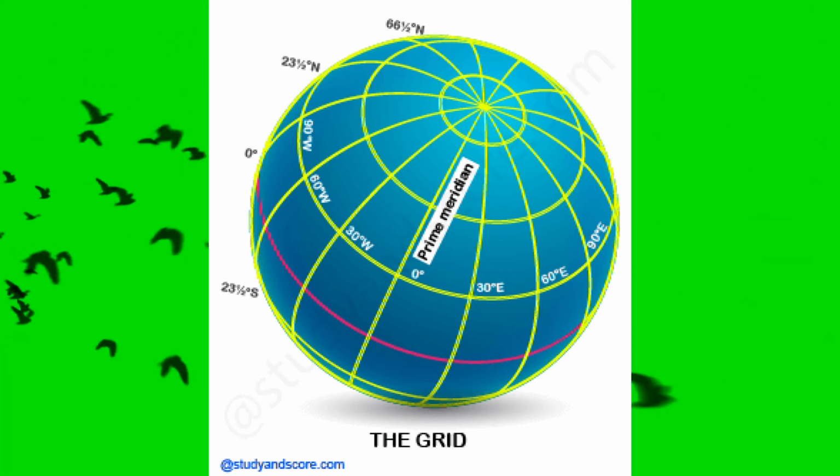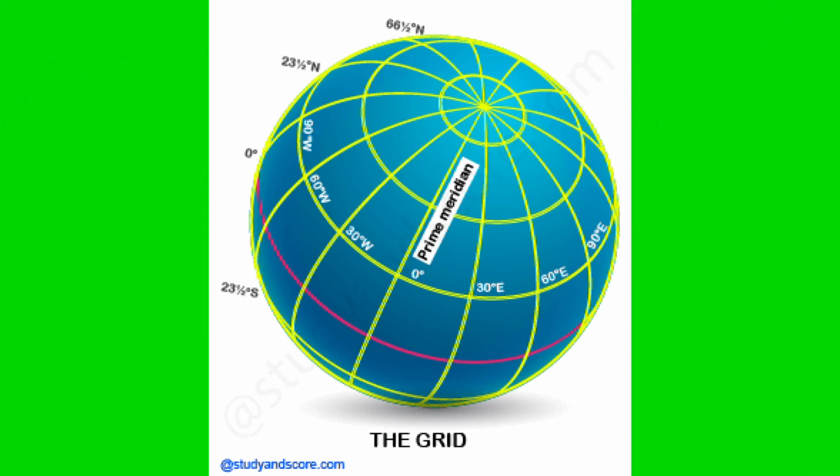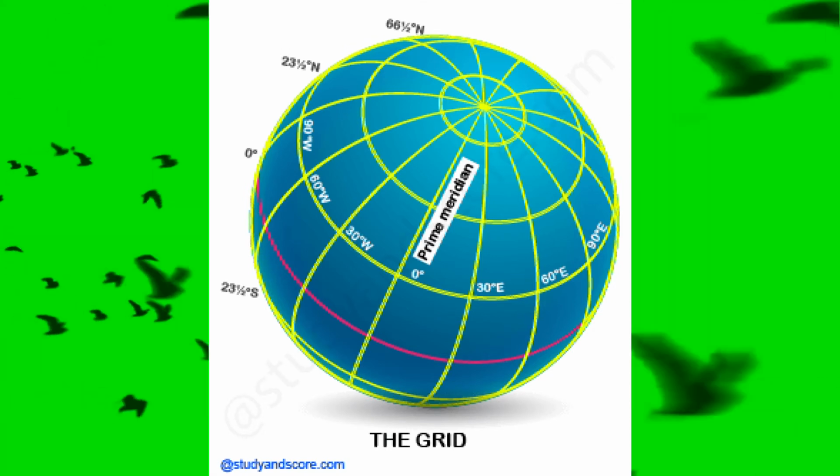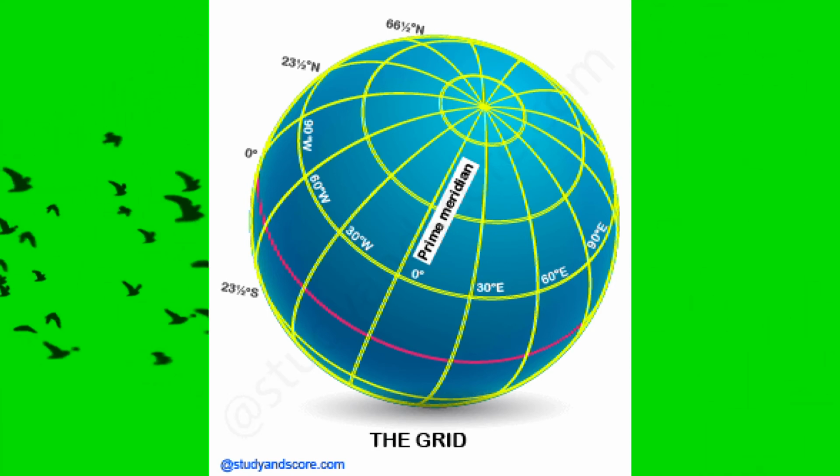So whatever lines are there in the eastern hemisphere will be denoted as E, and the lines in the western hemisphere will be denoted as W.